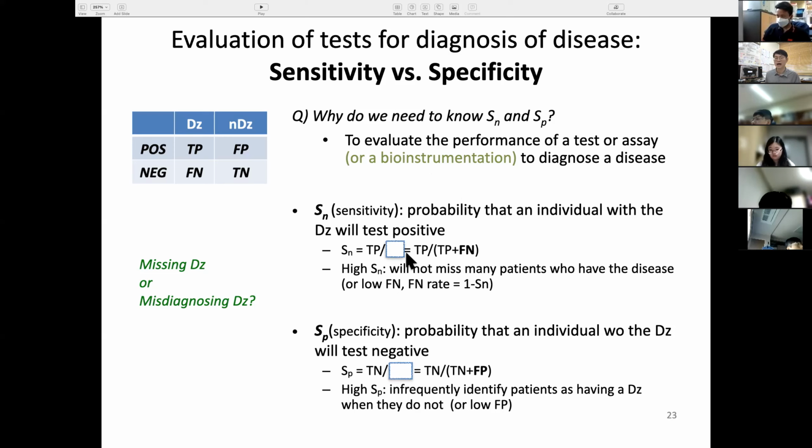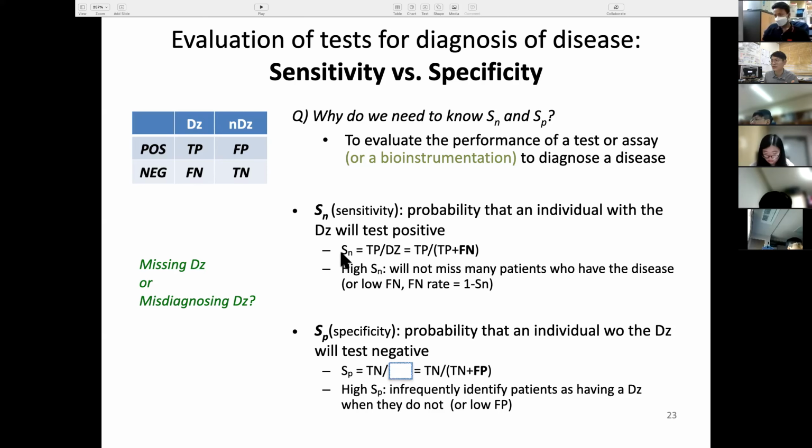Out of all the disease, you should provide true positive. So that's disease. And what does disease mean? True positive plus false negative. You want the highest sensitivity, close to 1, and what that means is you have very low false negative.